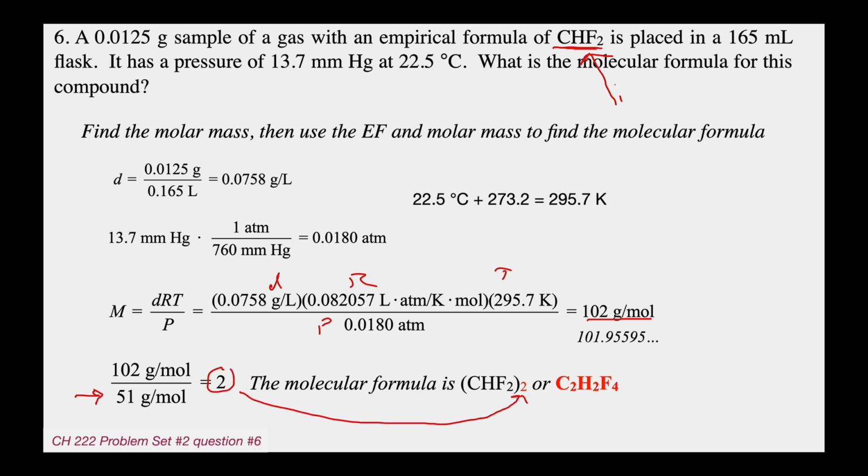It says how many empirical formula units are in the molecular formula. So because we're taking it twice, the molecular formula is C2H2F4. Cool. We're going to do this problem again in a little bit, but in a problem where we don't have the empirical formula. So this process will be helpful to us later on.